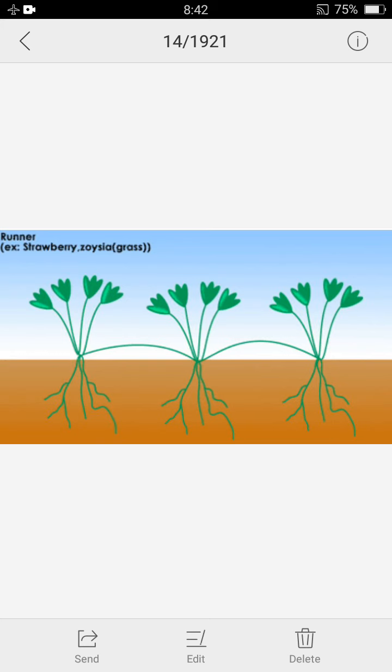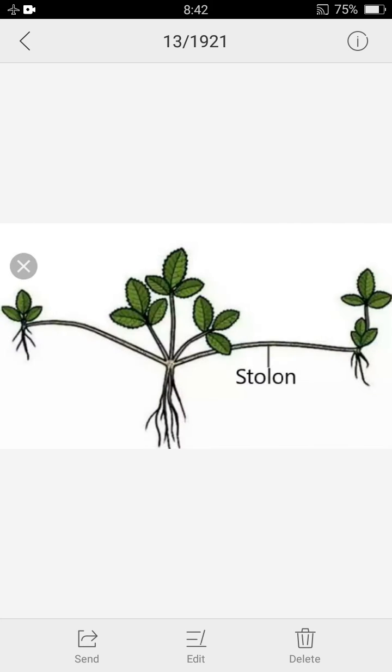So next, one more modification is nothing but stolon. How the lateral branch develops: up to some time they are aerial, next they touch the ground, and a new plant arises.